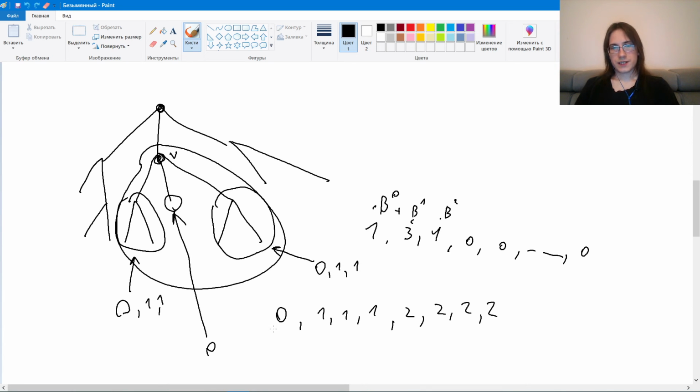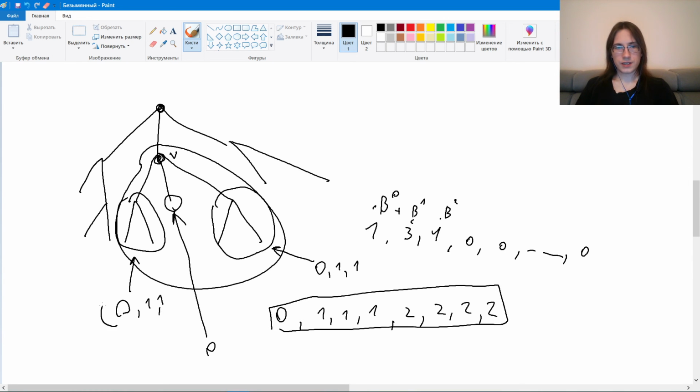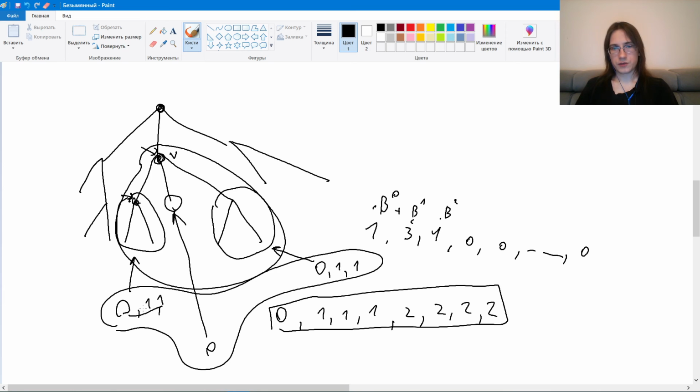To construct the set for the subtree of v, we need to unite those sets, add 1 to every one of those elements, because we used to calculate distances from this vertex. Now we calculate the distance from v. So of course all the distances will be larger by 1. Same for every other set. So we increase all the elements of the united set by 1, and then we add 0 for the vertex v.